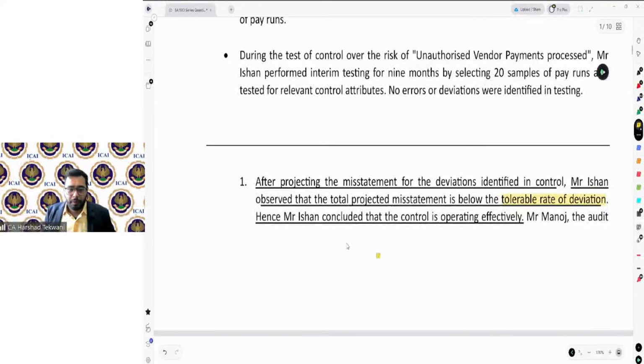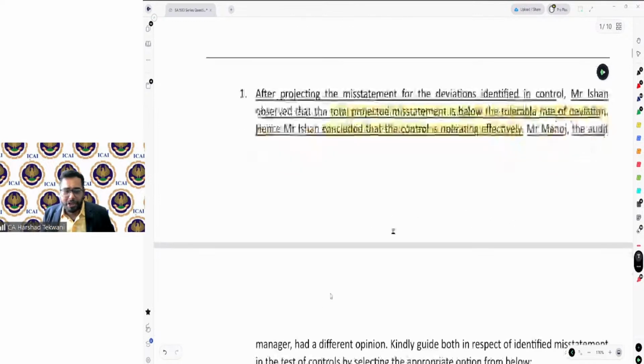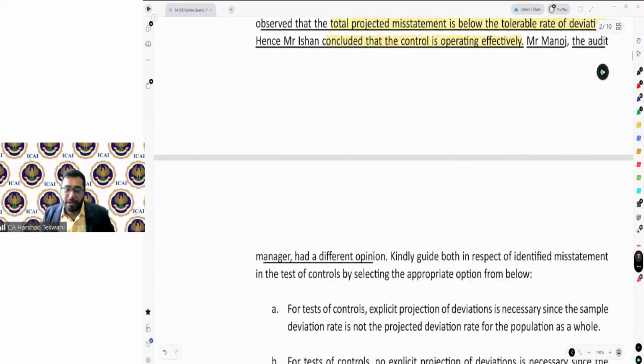Now, Mr. Ishan observed that the total projected misstatement is below the tolerable rate of deviation. Hence, Mr. Ishan concluded that the control is operating effectively. Mr. Manoj, the audit manager, had a different opinion.